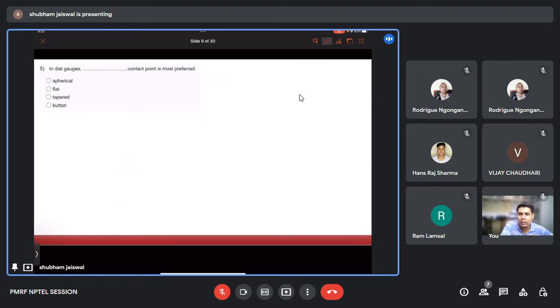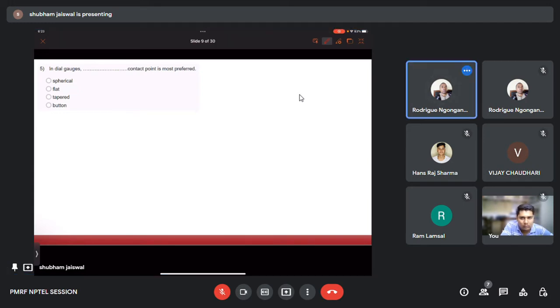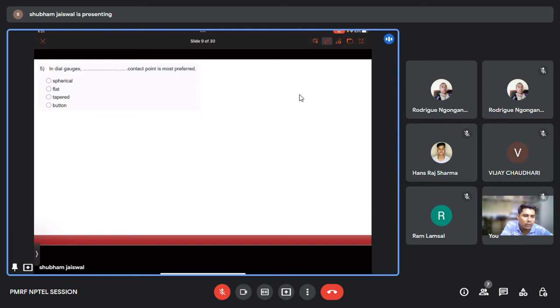In dial gauges, which of the following contact points is most preferred? Spherical, flat, tapered, button. Flat. For me, flat is not perfect. Mr. Hansraj, Mr. Vijay, Mr. Ram. Spherical. Okay. Any other option?